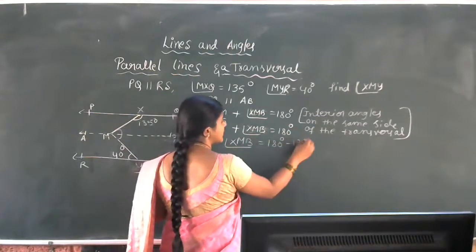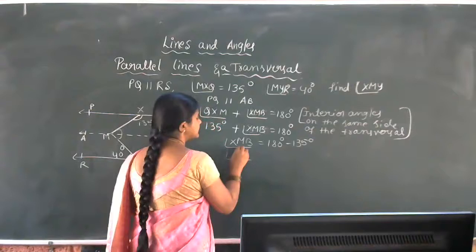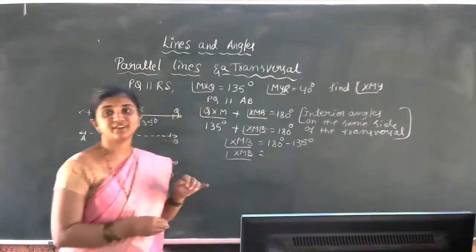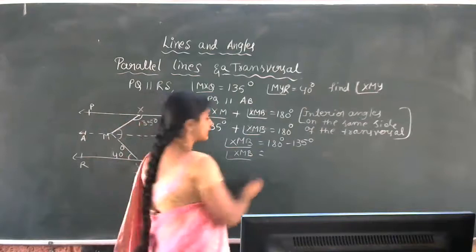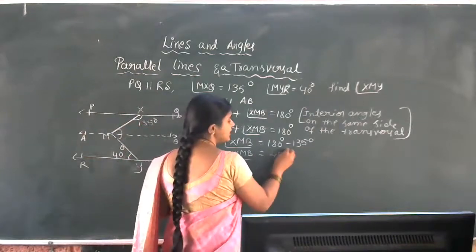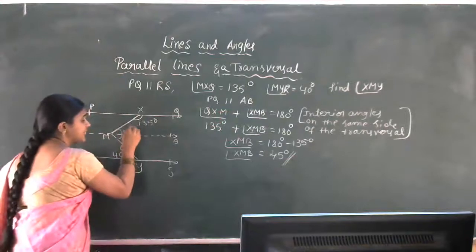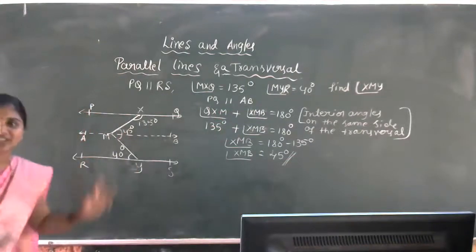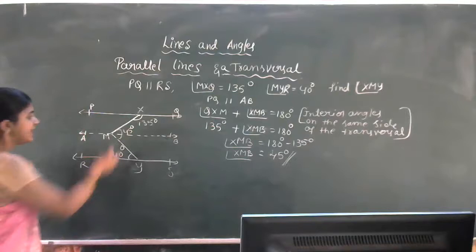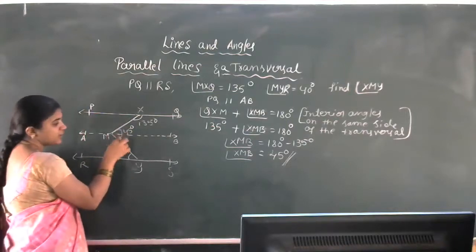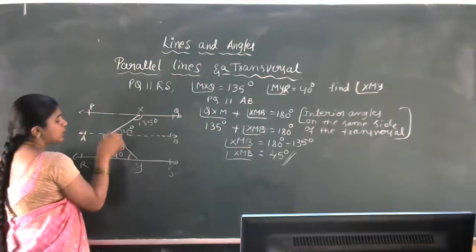What is the measurement? Fatafat. Yes, it is 45 degrees. Yes, we got one angle measurement. This one is 45. Next, which concept do we have to apply to find out YMB?